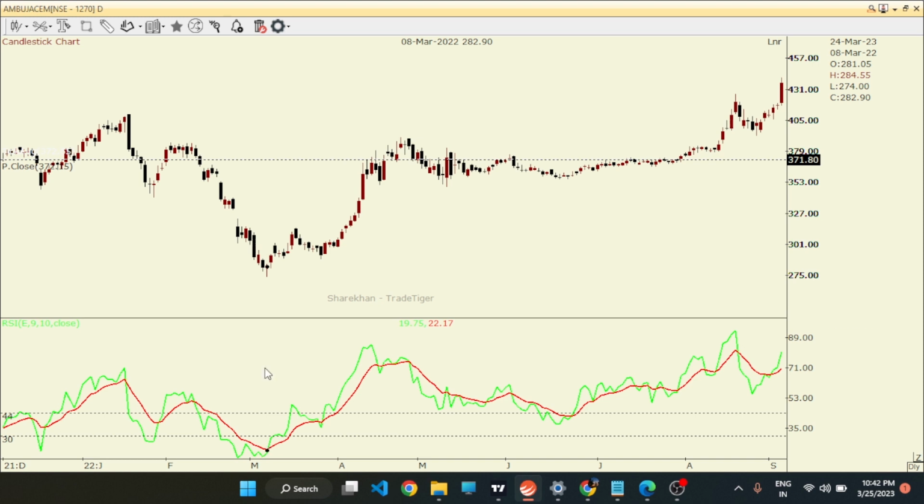This crossover happened on 9th March 2022, and the candle closing is at 291.65, and our stop loss will be the low of the candle.